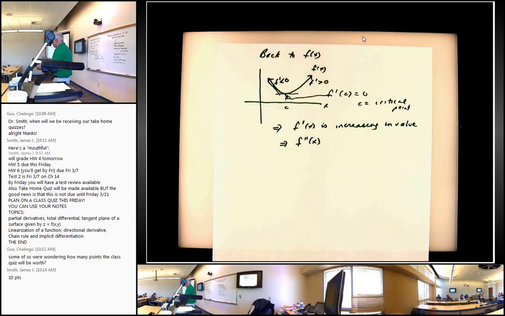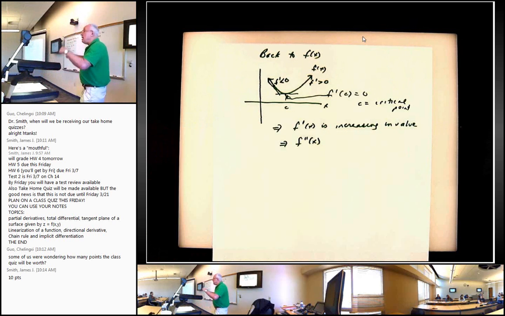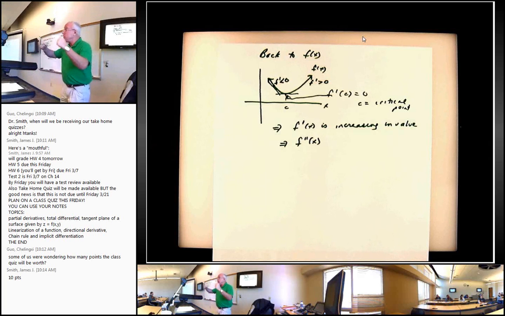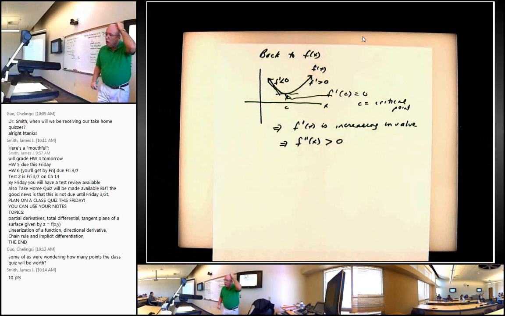Yes, it's positive because it's going up. Its tangent line will be up. So the derivative of the function we're talking about is f double prime, because f prime is the function that's increasing in value. So its derivative is f double prime, and so f double prime will be positive. Okay?